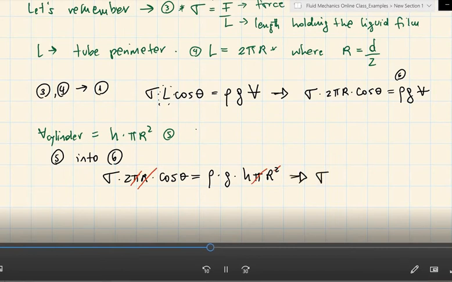We get 2 sigma cosine of theta is equal to rho times g times h times r. And we want to solve for h. So let's get h alone and put everything else on the other side.